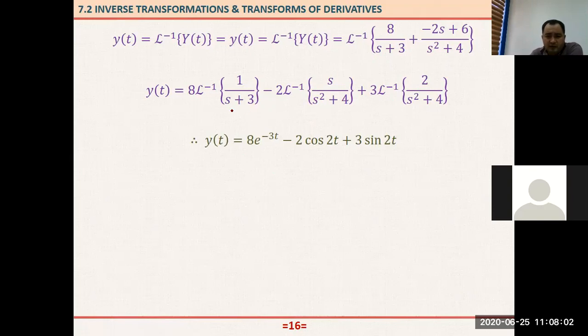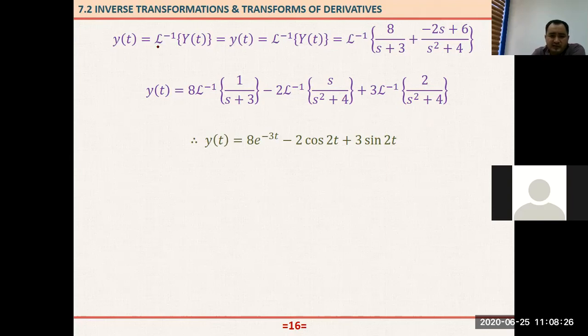And we know what function's Laplace transform equals 1 over s plus 3. What is it? e to the power minus 3t. So here we have 8 times e to the power minus 3t. And here we have minus 2 times cosine of 2t, because here we have s, here we have 2 squared. And here we have 3 times sine of 2t.